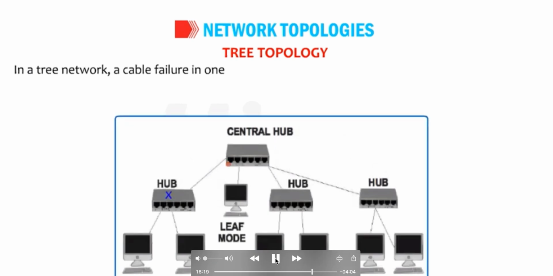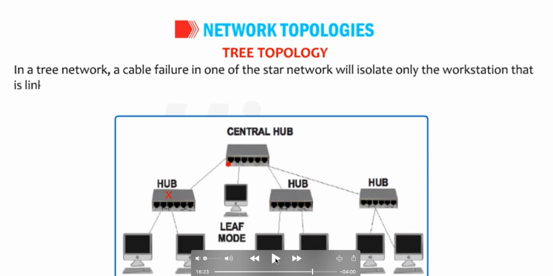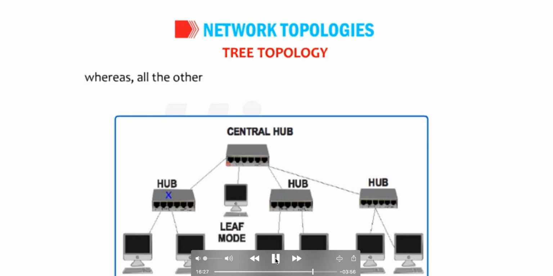In tree topology, a cable failure in one of the star networks will isolate only the workstation that is linked to the central computer of the star network, whereas all other workstations will continue to function normally.